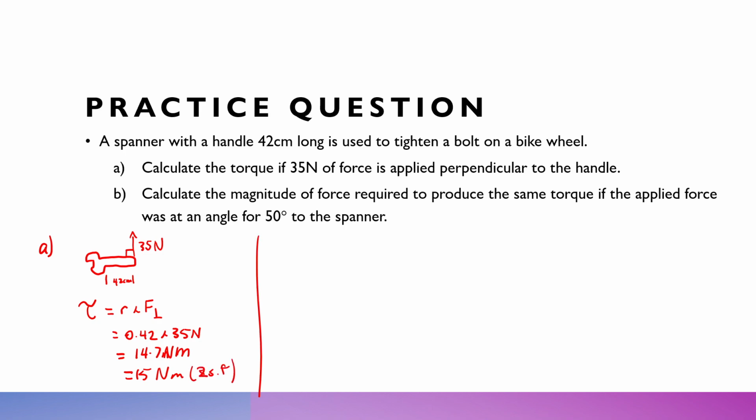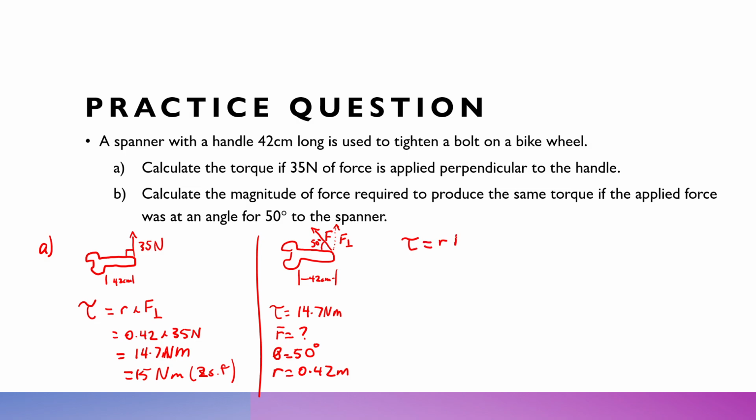Now, B is slightly more complex, so again, I'm going to draw a quick diagram and extract data into a data column. Because we have an applied force at an angle in this question, we need to use the formula torque being equal to radius times force sine theta.